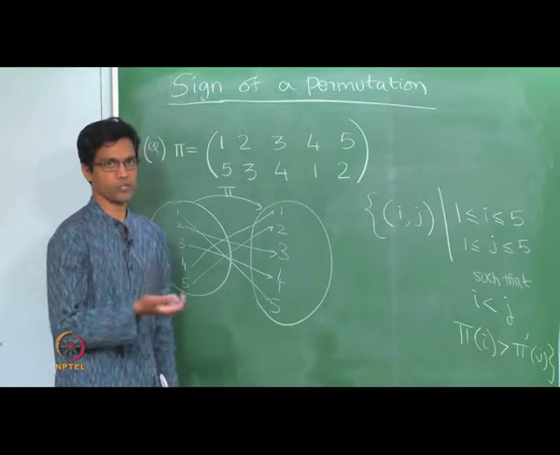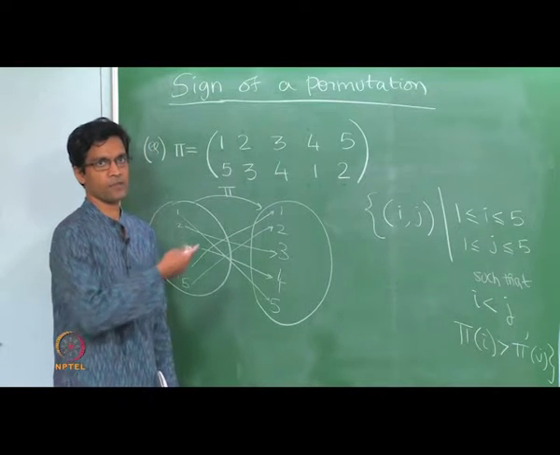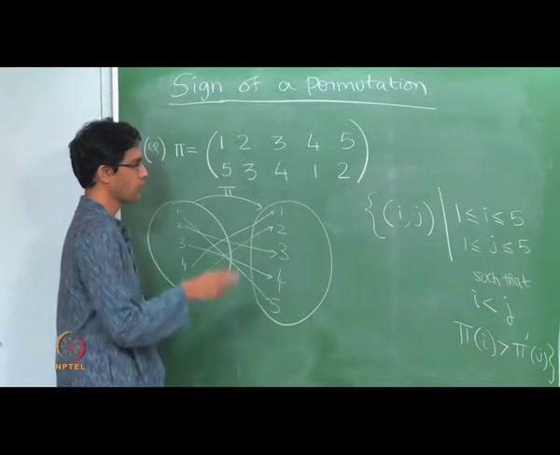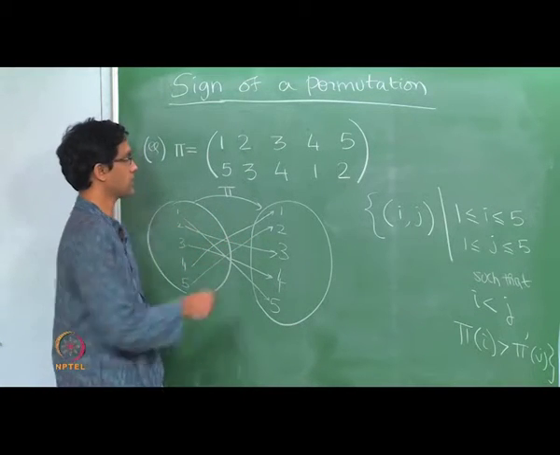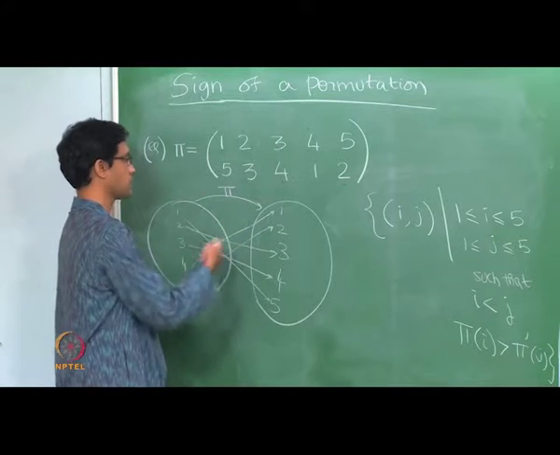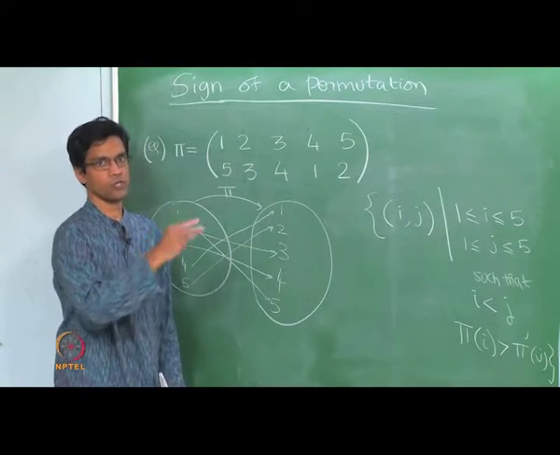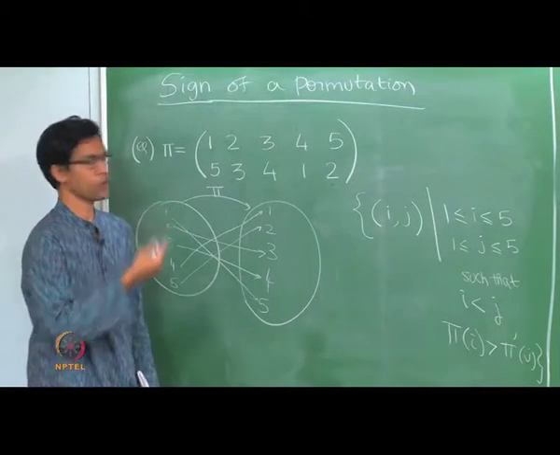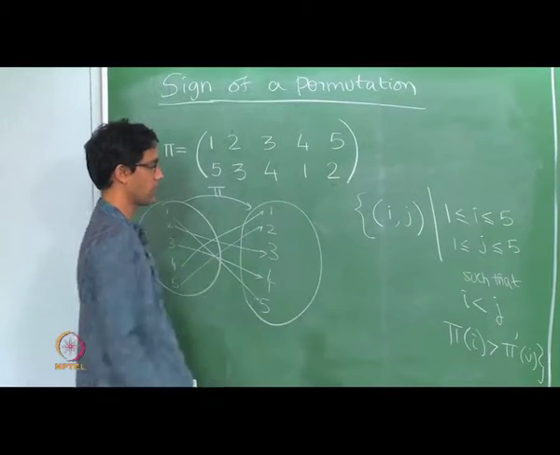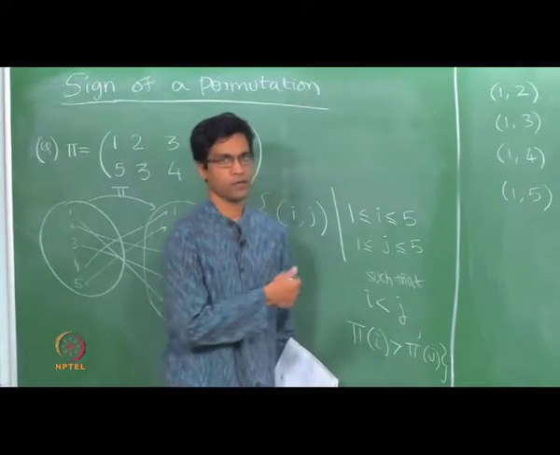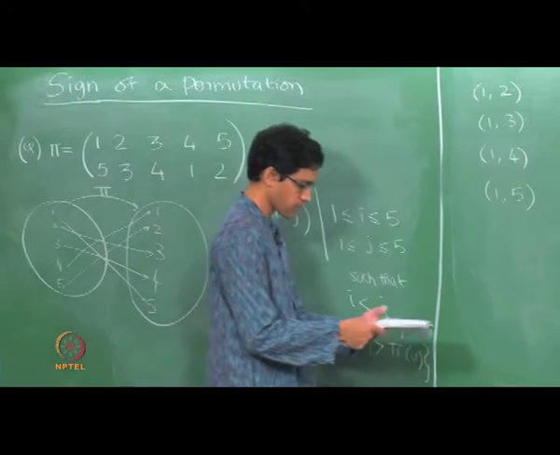Sometimes these are called the inversions. These are the places where, if everything mapped to itself, you wouldn't have anything out of order, but because pi in general reorders the numbers, you will typically have pairs which are out of order, in the wrong order in some sense. So this is the full list of elements whose order is changed by the permutation pi.